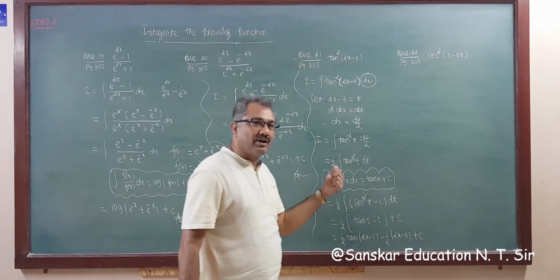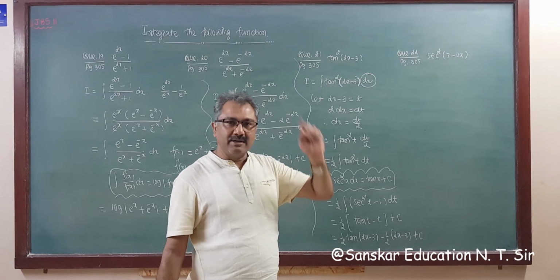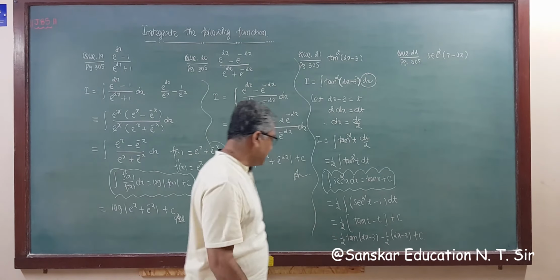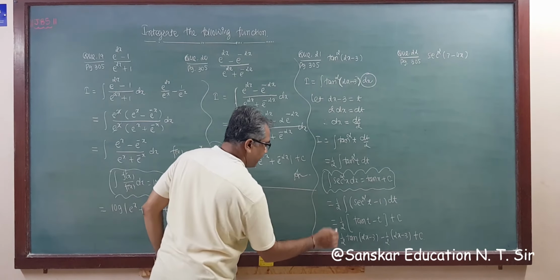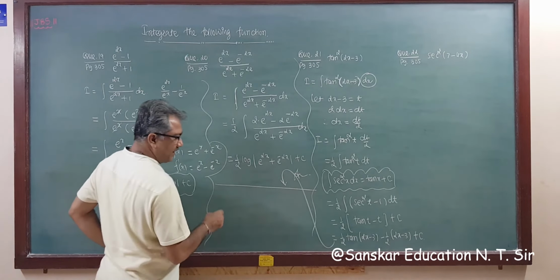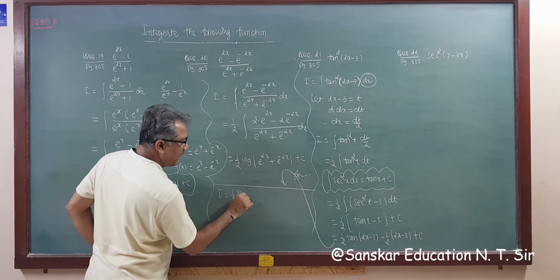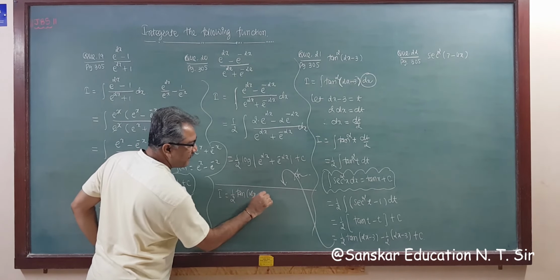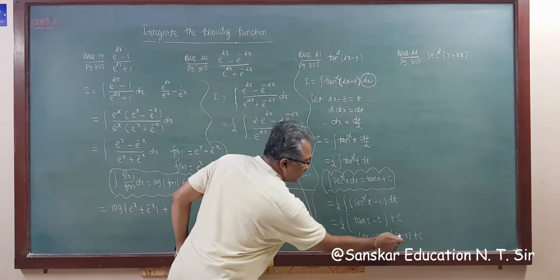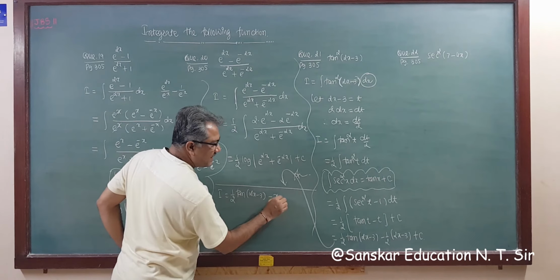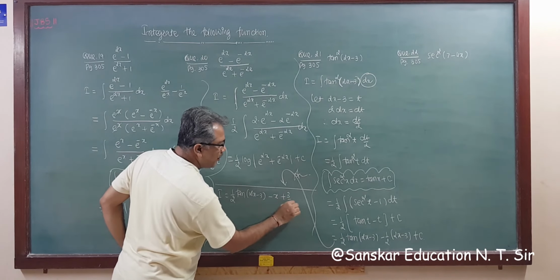But this is not your answer, as we discussed in earlier classes. If you multiply this out, then your answer will be I is equal to half tan of twice x minus 3, minus x plus 3 by 2, plus c.